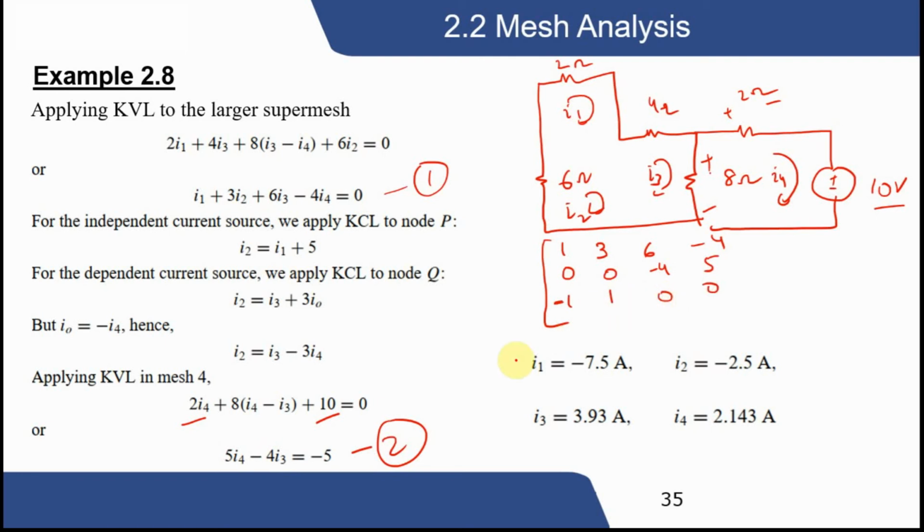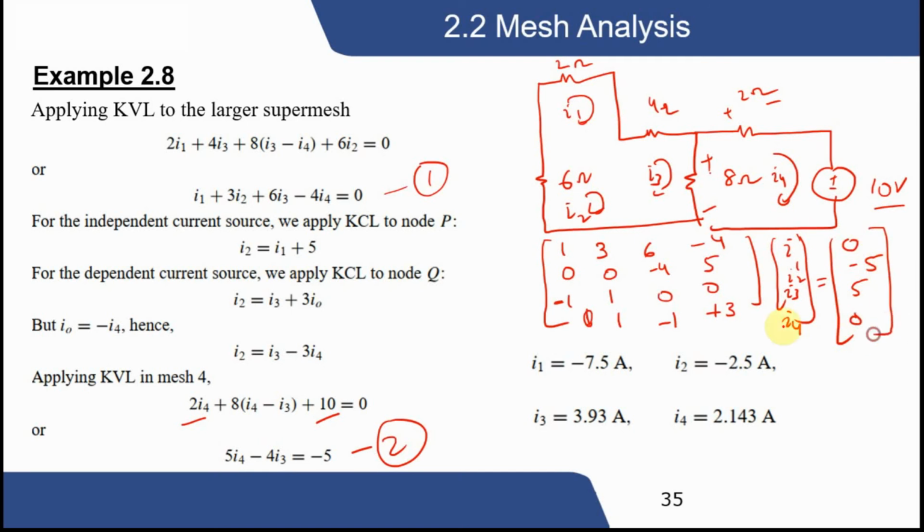Then 0, 1, 0, 1, minus 1, and plus 3, multiplied by I1, I2, I3, I4, equals: for the first equation 0, the second equation minus 5, the third equation positive 5, and for the fourth equation we have 0.